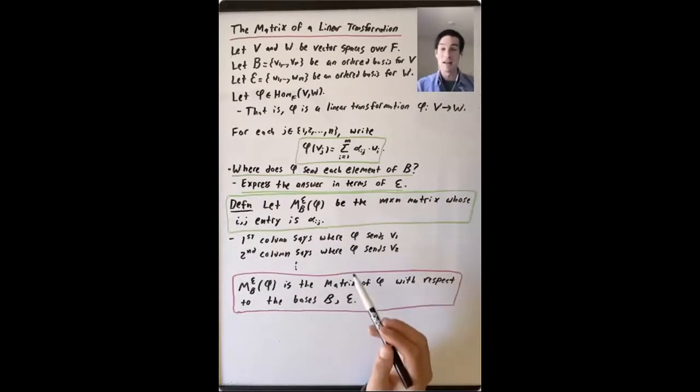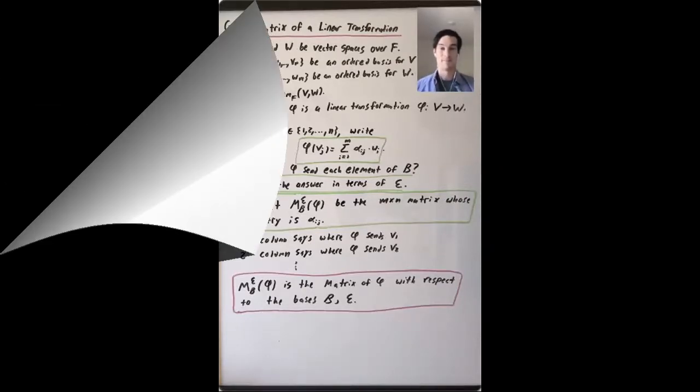But since every element in V is a linear combination of these basis vectors of B, if you have this matrix, you know where phi sends any element of the vector space V. So I'll pause and erase, and then I'll write that down more carefully. And soon we'll move on to looking at some explicit examples.